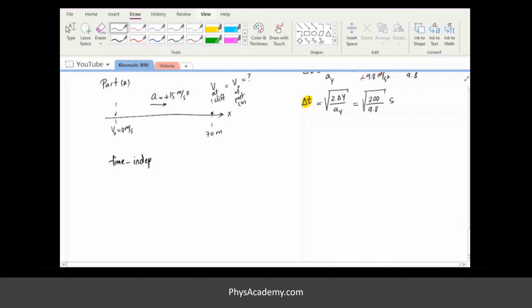Since in part A, we didn't really calculate how long it takes for object 1 to get to the cliff, I'm not going to use a time-dependent equation. Therefore, I'm going to use a time-independent equation of motion here.